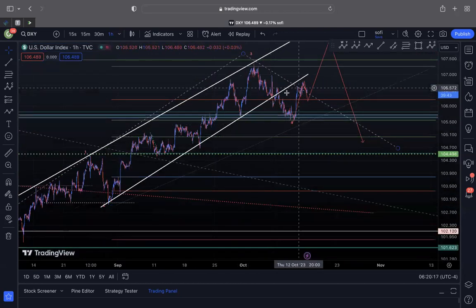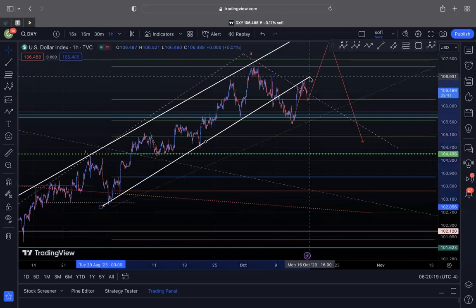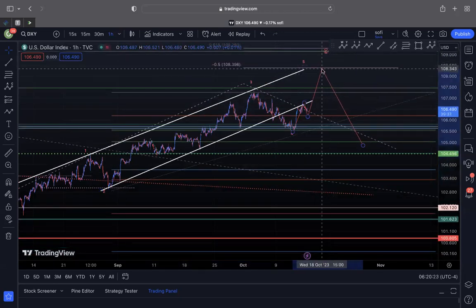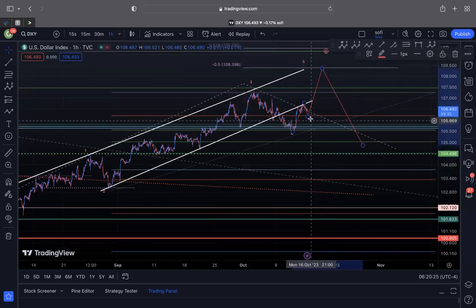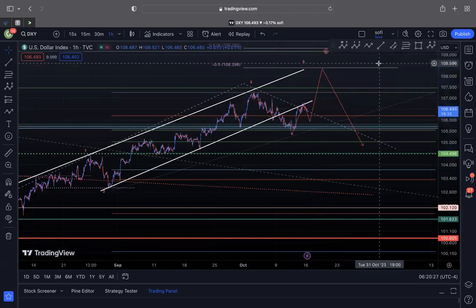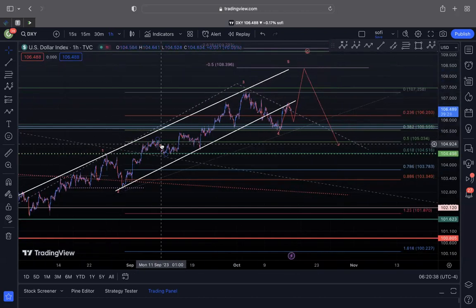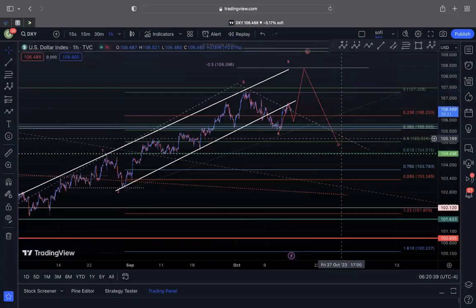The first break of the channel generally tends to be the wave 4, so I still suspect dollar could continue making new highs. Except again, watch out, because this did break the channel. If you do break the support, then boom, dollar sells, then the green path on the market becomes favorable. So dollar is very important to this equation.